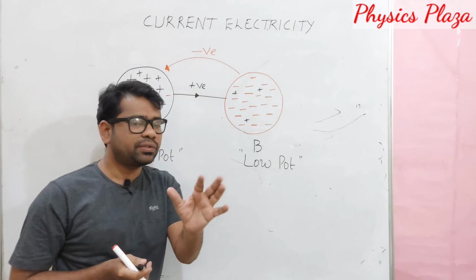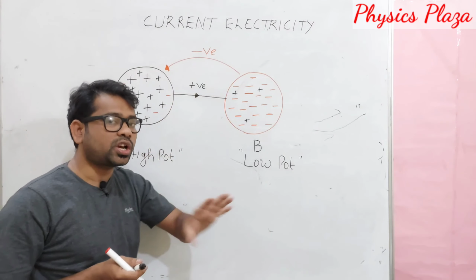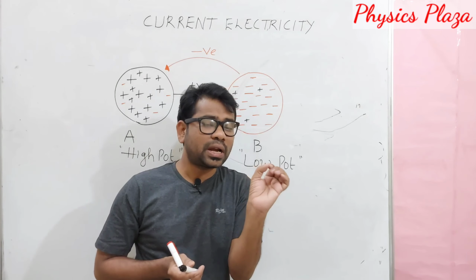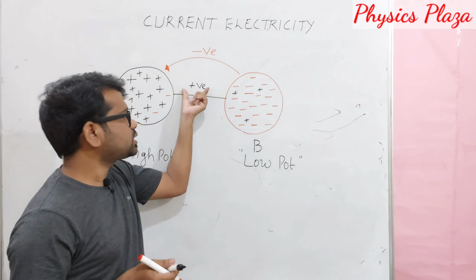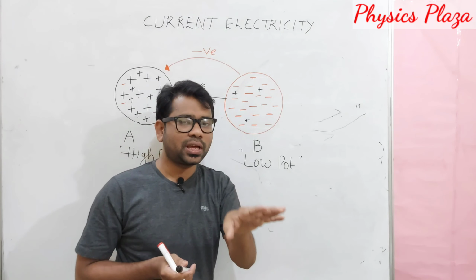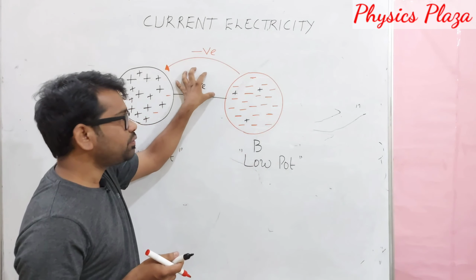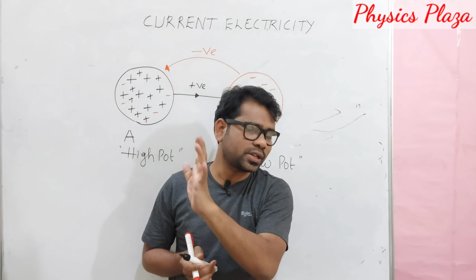Children, it's very important. The flow of positive charges constitutes the conventional current. Dear children, the direction of flow of positive charges we can take as the conventional current. There are 2 types of currents we will discuss. One is conventional current, due to the flow of positive charges.